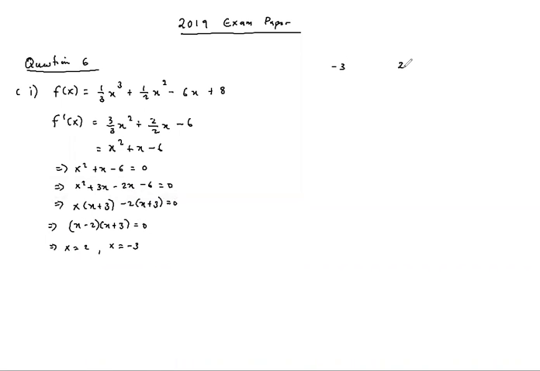So you're forming a table like they used to form tables when you're looking at inequalities. Pick a number in between. Suppose you pick 0. Pick a number after 2. You can pick 3. Before negative 3, you can pick negative 4. And then bring the derivative. You can bring the derivative in any way.